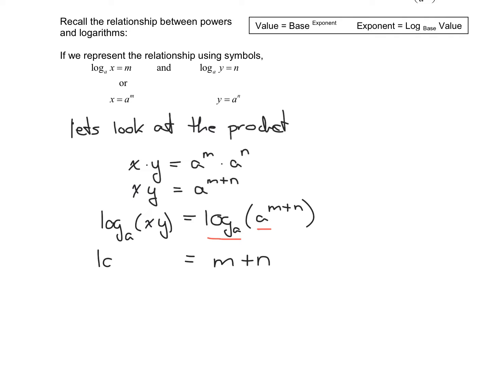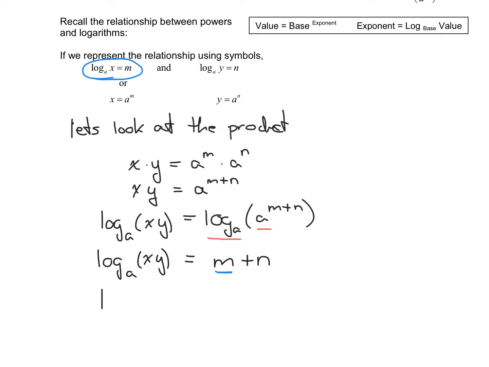So I have the log of xy base a equal to m plus n. Now, you might think this is a little silly, but what are m and n? If we look back up to the top, when we first started, we let log base a of x be m.